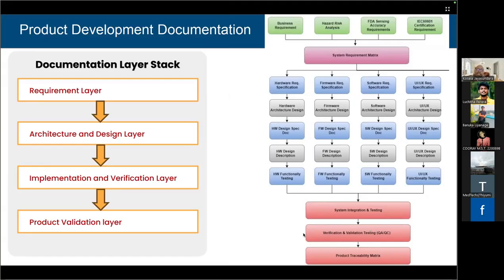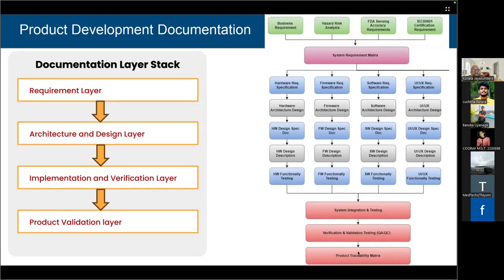And then after all these things, we have to tick everything. So if you have a specific number in the system requirement matrix, you have to show where that number converted into hardware, firmware, software, and where it was converted to architecture design in that document, how it converts to the design spec document, how that number converted to design description, how it was tested in the functional testing, how it was tested in the system integration testing, how it was verified and validated.